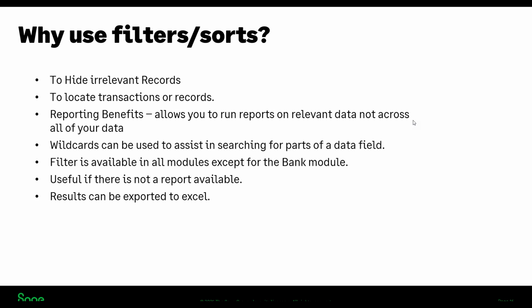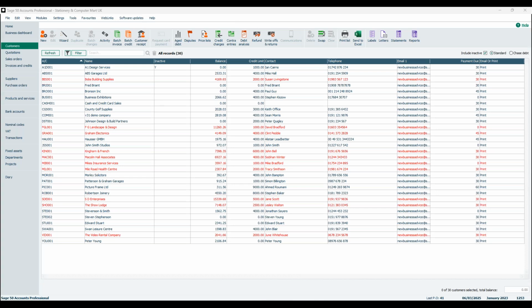So I'm going to do a very quick demo on a popular one we may have. I'm just going to pop onto the demonstration data again, and that is to filter out those customers who have a zero balance. It might be that you're doing some chasing of debt. There are other ways of doing that.